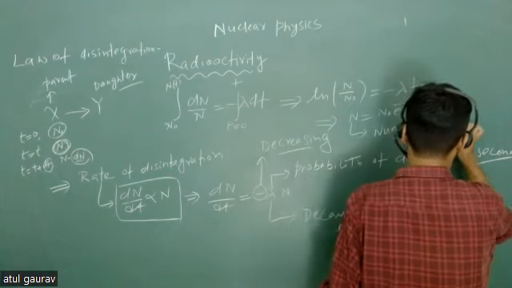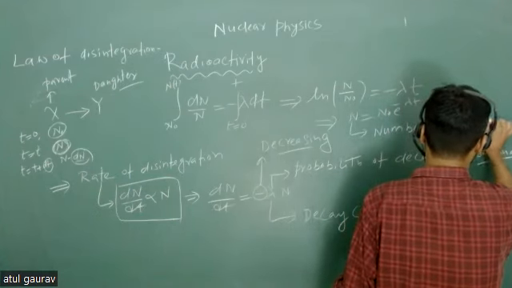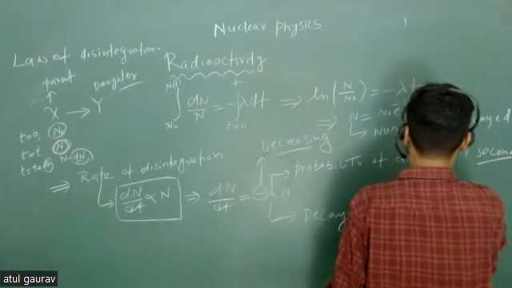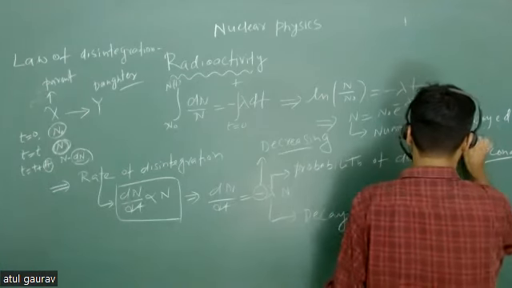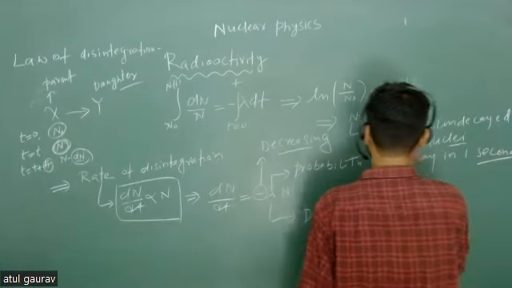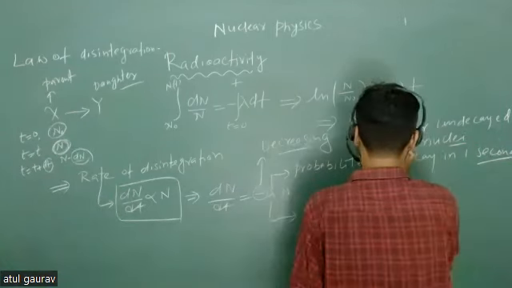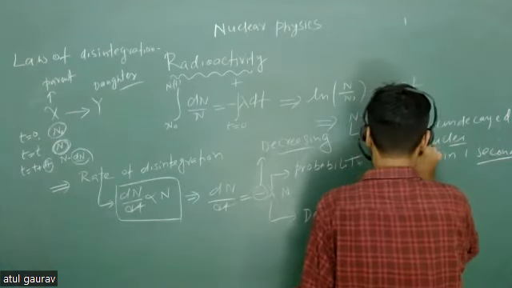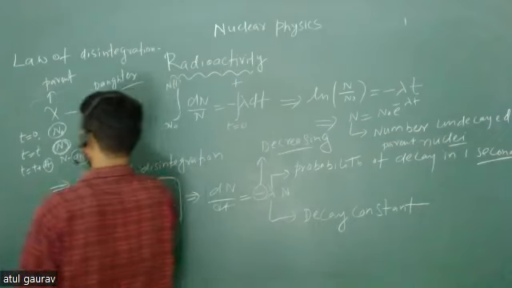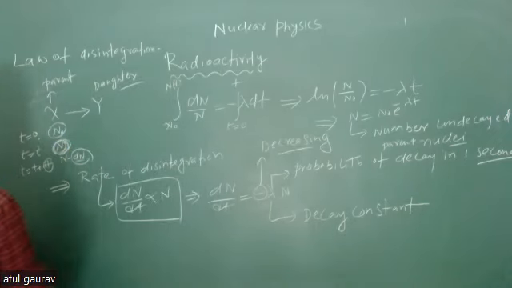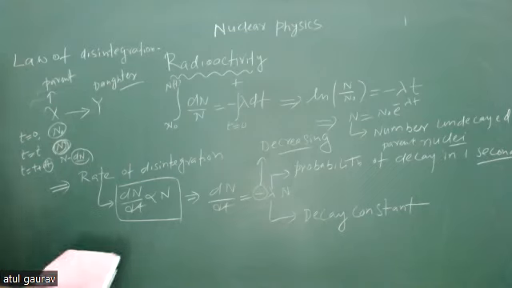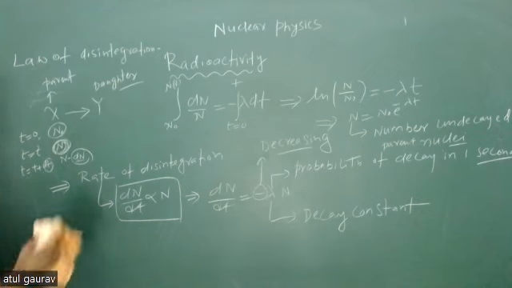Undecayed parent nuclei, you can say. So you can see that the number of parent nuclei decreases exponentially with time.